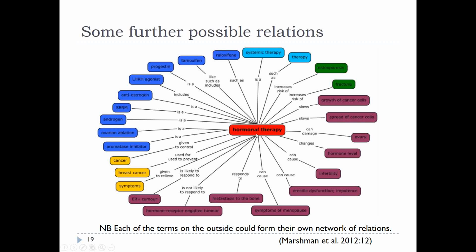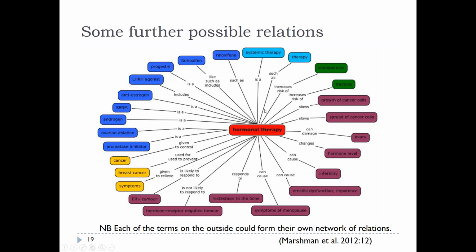So it's a type of hormonal therapy. In other words, it's a hyponym. And hormonal therapy is given to control cancer. So that's a very specific terminological relation. Hormonal therapy changes hormone level, and so on.